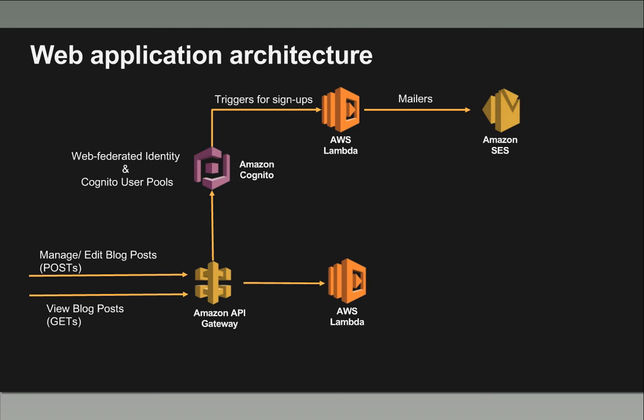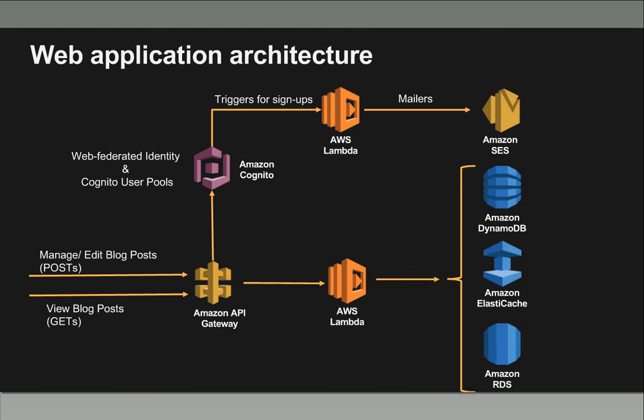So in this architecture, what I'm showing here is an example of a blog site. In this case, your front end is serviced by Amazon API Gateway. Your middle tier, the logic tier, is AWS Lambda, and your data tier is going to be one of these choices: DynamoDB, ElastiCache, or RDS.